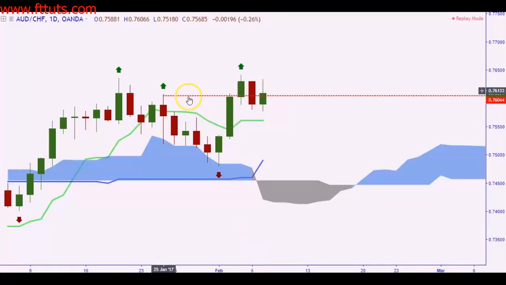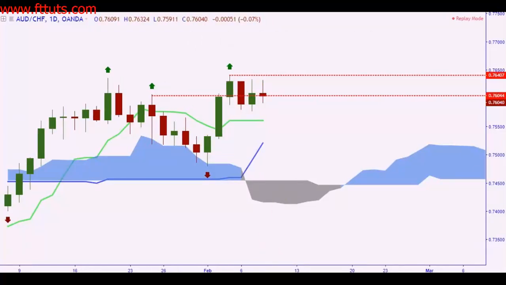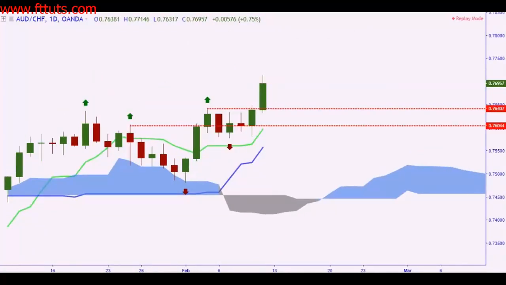Alright, now had I not taken that trade, I also could put an entry order at this level. Alright, so you could see we get triggered on both trades. We're making profit on both trades. So now we took this trade, we're in profit.